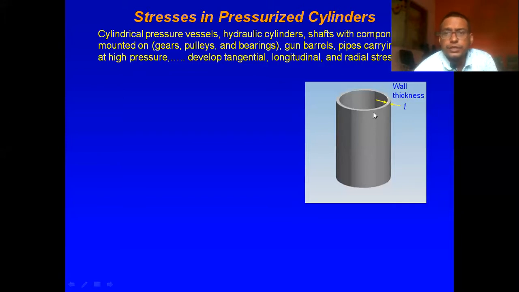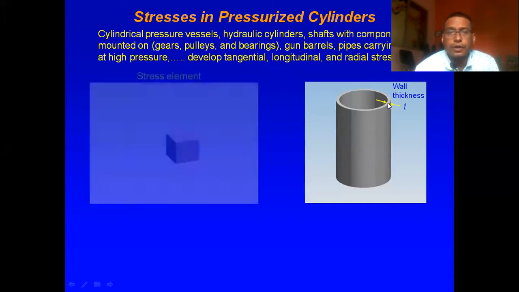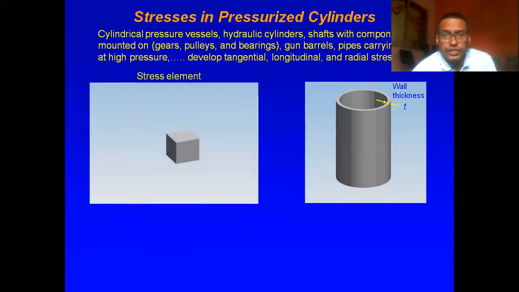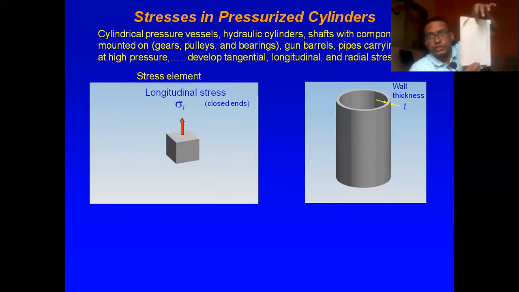Now this is the cylindrical vessel, the wall that is there. This is the wall thickness. If we take out a part from this, a stress element is to be considered. The longitudinal stresses act in a vertical direction.